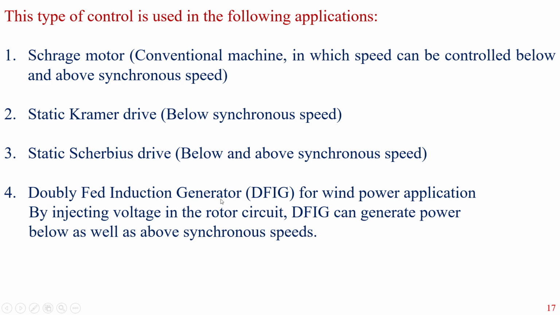The corresponding machine is called a doubly fed induction generator. And in this doubly fed induction generator, if voltage is injected in the rotor circuit, the machine can be operated in the generating mode below as well as above synchronous speeds.